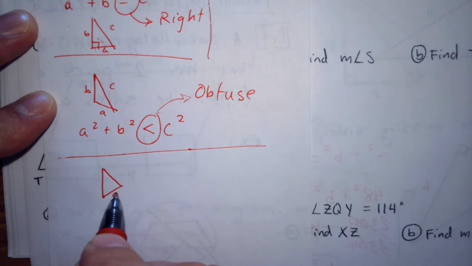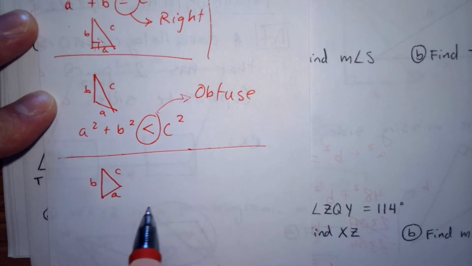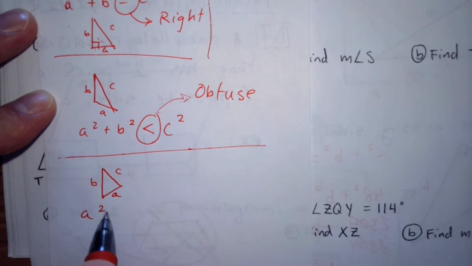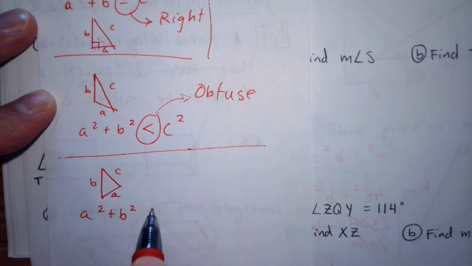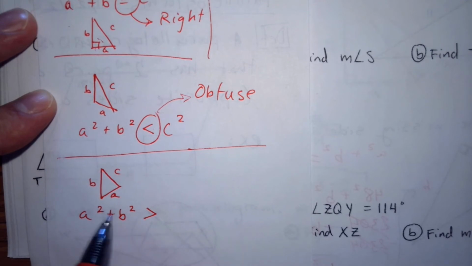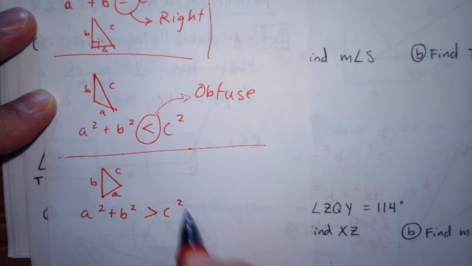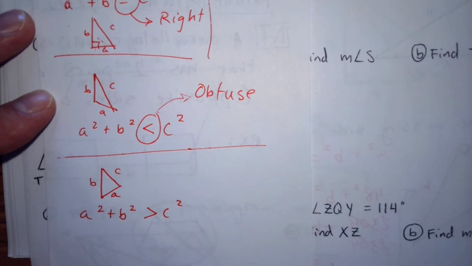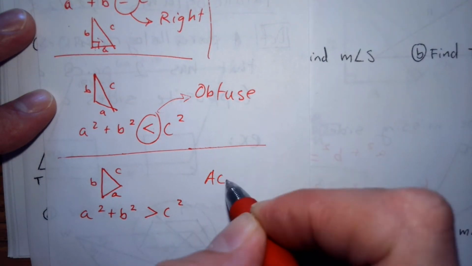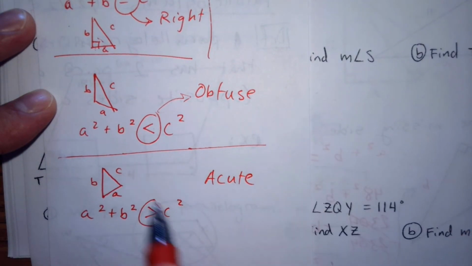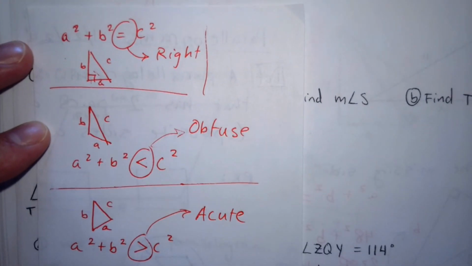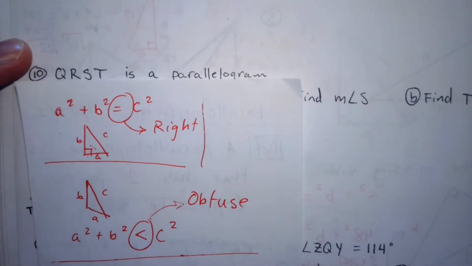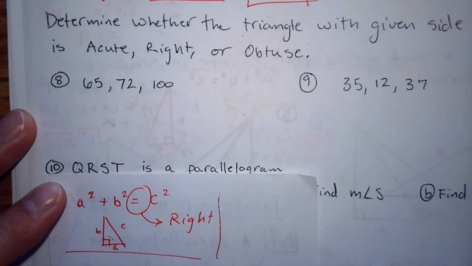So that would be A, B, C. That corresponds to A squared plus B squared, and if C was shorter, that means the other stuff has the mouth opening and eating it. So C squared would be shorter, and that would be an acute triangle. So that's what would happen for acute. So with those notes, we can do number 8.